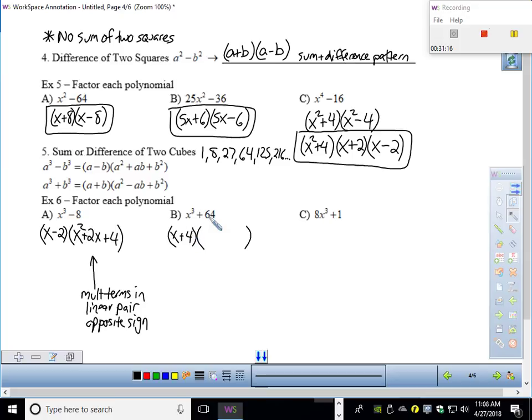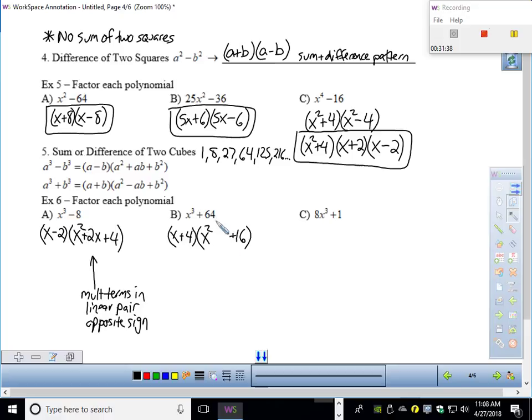And now walk yourself through as best as possible. X times what would give you x cubed? X times x squared. Positive 4 times what would give you positive 64? It has to be 16. So those would be the two parts of the quadratic.